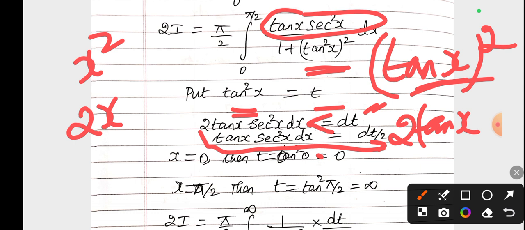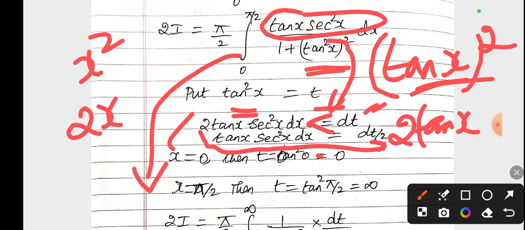So x value is 0, children. A very important thing: when we are doing the substitution method in a definite integral, kindly remember to change the limit. Don't say I forgot to do it. It's mandatory. Just as we are changing x into t, the same way you should change the limit from x to t.